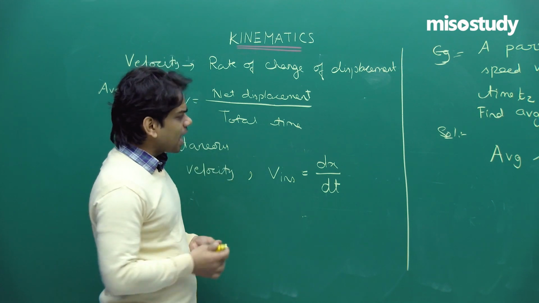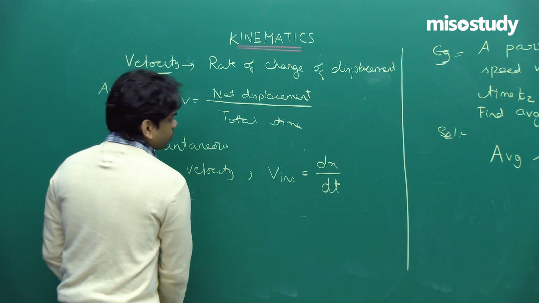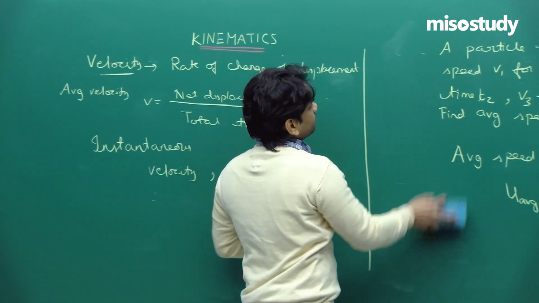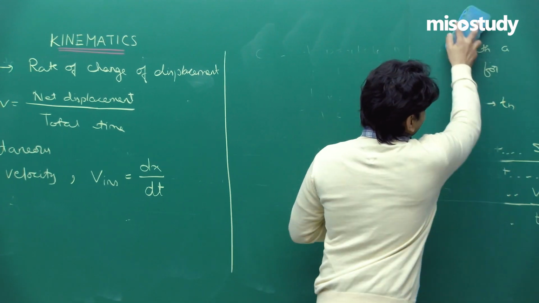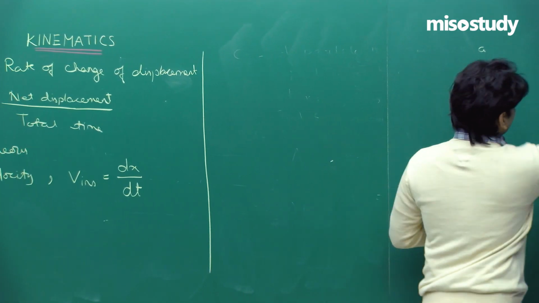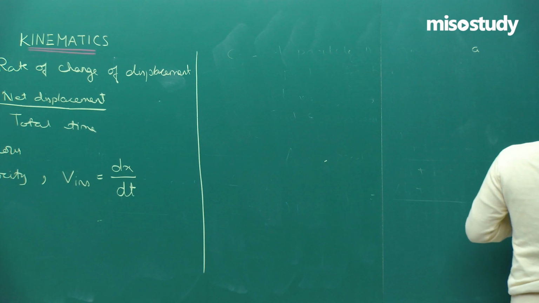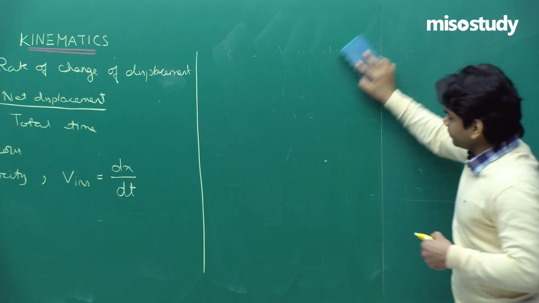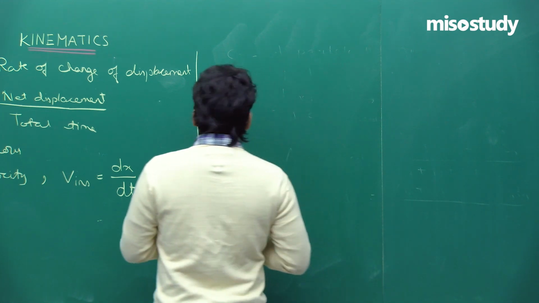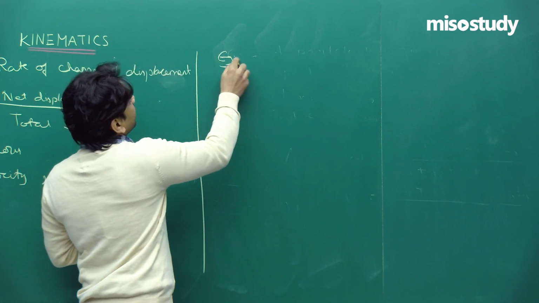Let's talk about an example. How can you see the direction of velocity? Suppose we are referring to certain kinds of motion. Let's start with very simple straight line motion.